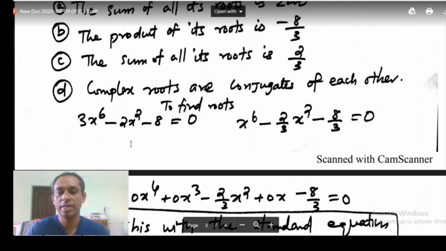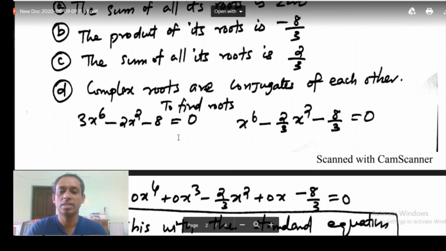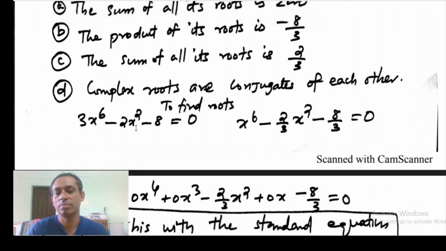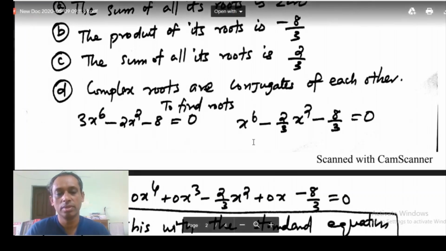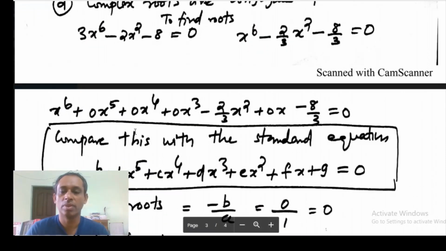So if I write this equation, here I have f of x equal to this. I am writing this as 3x raised to 6 minus 2x square minus 8 equal to 0 to find roots. Okay, f of x equal to 0. It can be written in this format: x raised to 6 minus 2 by 3x square minus 8 by 3 equal to 0.